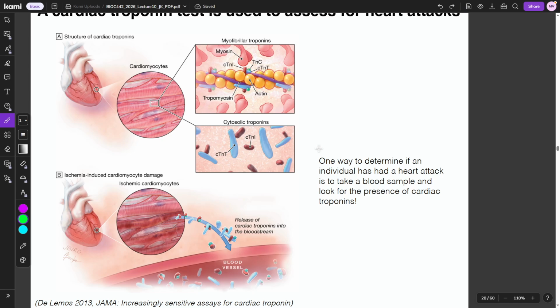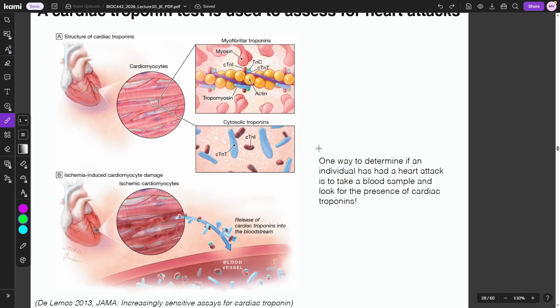And so if you were to look at the bloodstream and see floating troponins in your bloodstream, then it's a sign that the person has probably had a heart attack. So again, in a heart attack the heart is ischemic, the heart doesn't have oxygen, and when the heart doesn't have oxygen, some of those cells end up bursting.